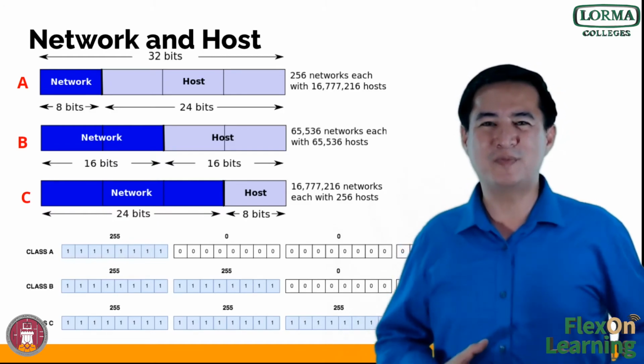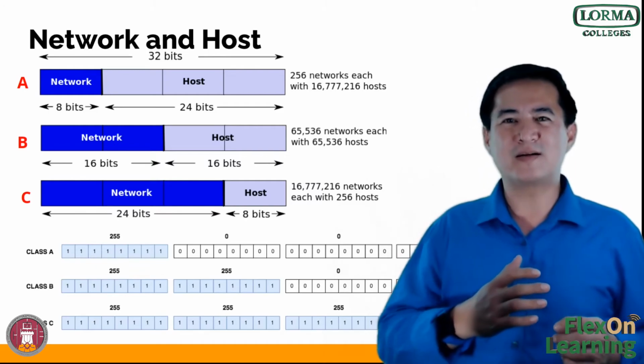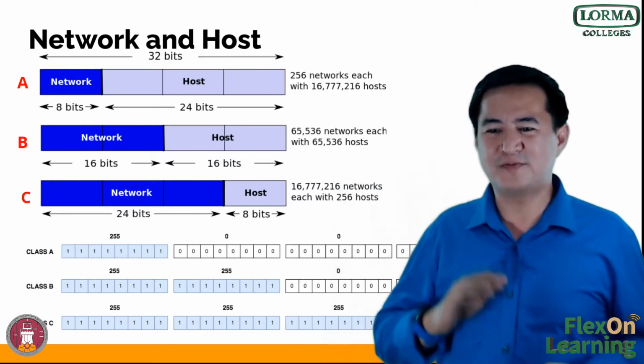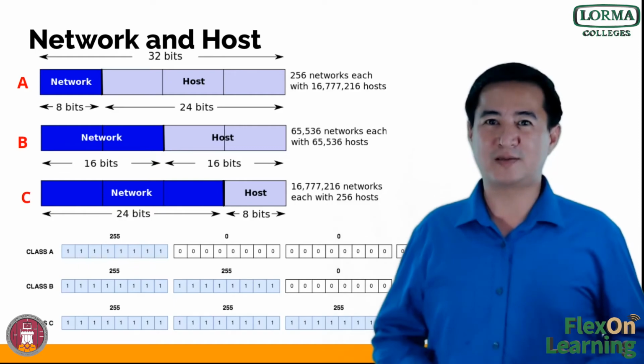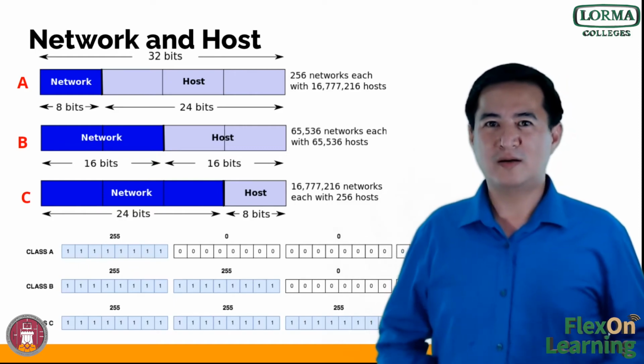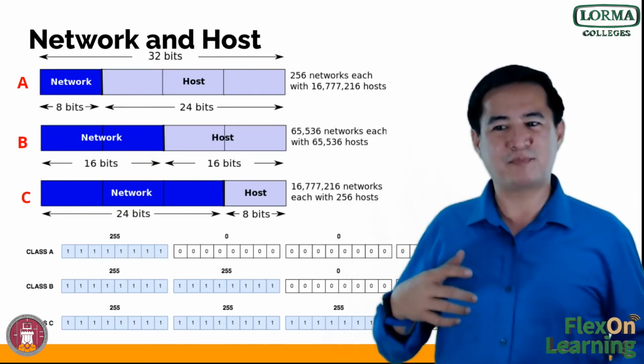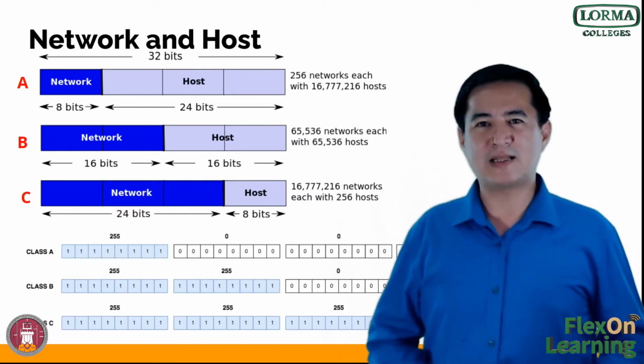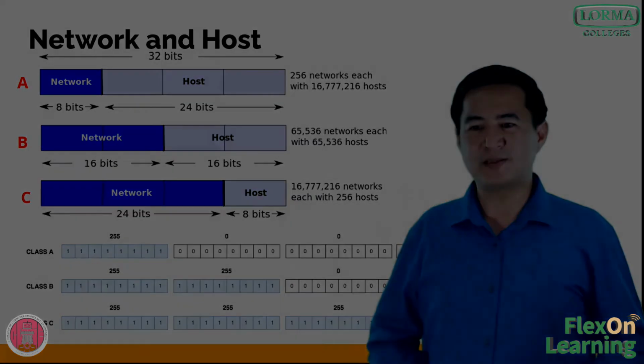So you will be using only 300, and the remaining 65,000 plus is unconsumed or wasted. So that's the problem of this kind of classful IP addressing.